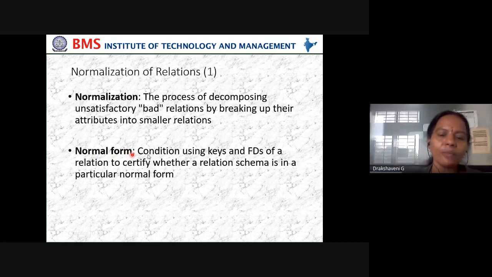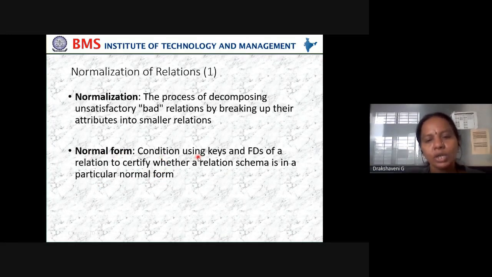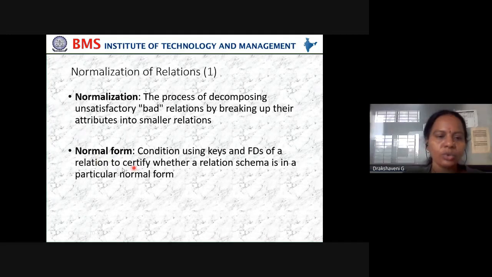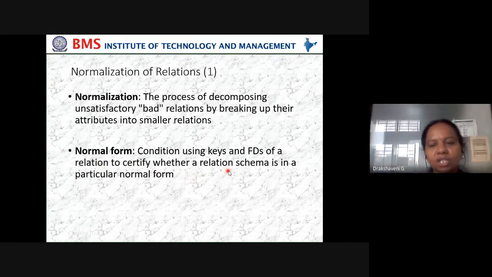Then the normal form: conditions using keys and functional dependencies of a relation to certify whether a relation schema is in a particular normal form or not. That is what a normal form says to us, and that is the normalization of the relation.